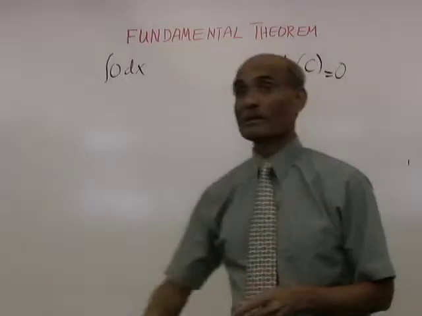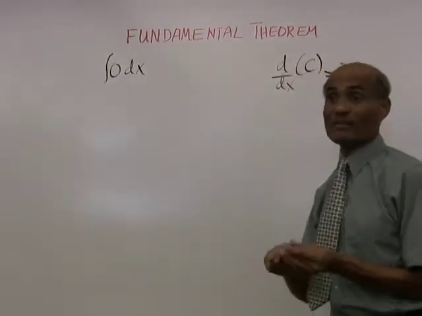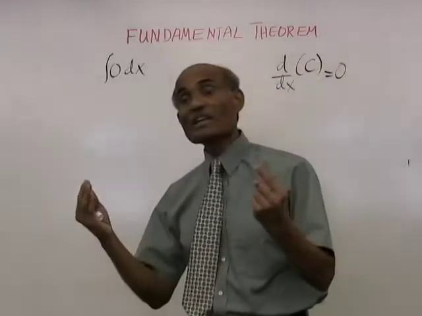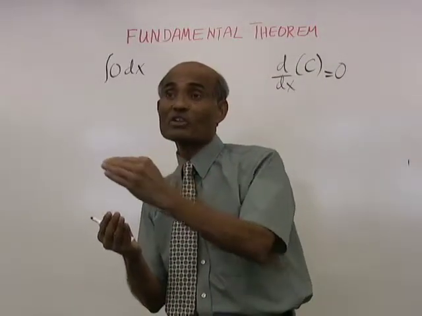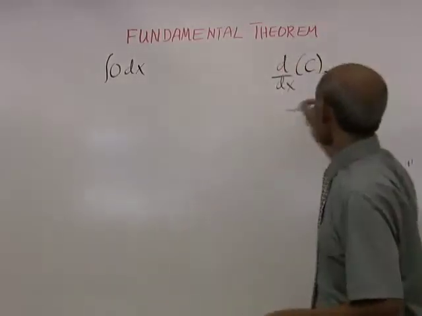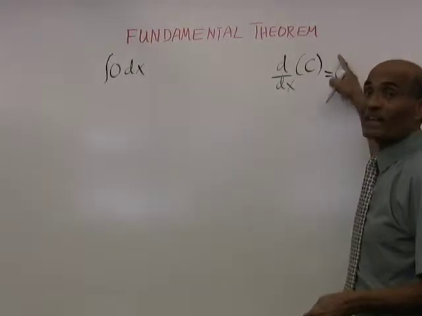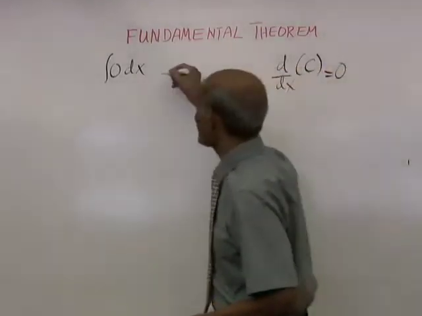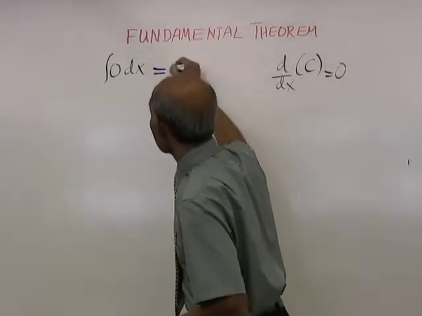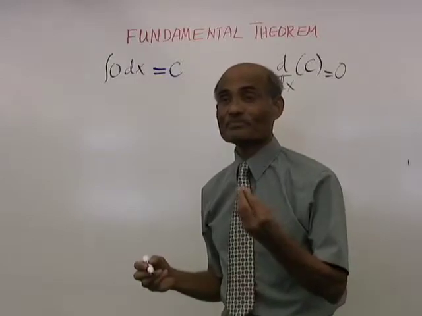Now, remember, we have said this several times already, that finding the integral of a function is opposite to finding the derivative. If the derivative of a constant is 0, then the integral of 0 must be equal to a constant. Integrating 0 gives you a constant.